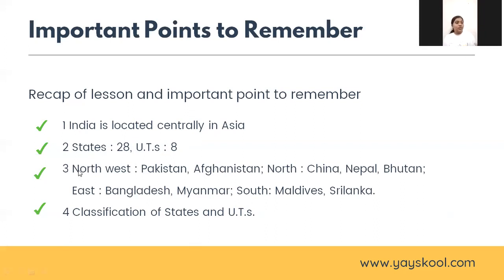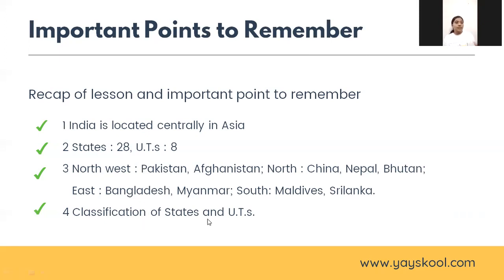And coming to the neighboring countries, on the northwest we have Pakistan and Afghanistan, and in the north we have China, Nepal and Bhutan, and in the east we have Bangladesh and Myanmar, and in the south we have Maldives and Sri Lanka. Out of these, which are the island neighbors? Right. Maldives and Sri Lanka are island neighbors.